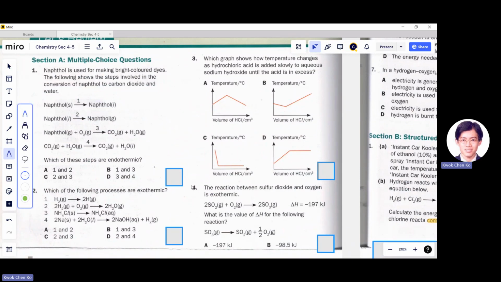Zayden, you can strike off this one as number 4.